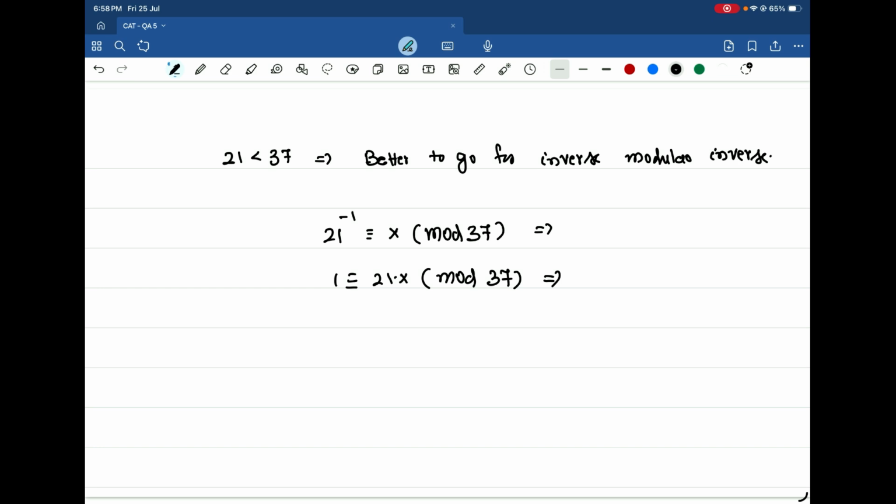You just check whether 1 mod 37 equals 21 into 30 mod 37. Let us see. 21 into 30 is equal to 630. 630 minus 1 is equal to 629. Divided by 37 is equal to 17. Yes, it is correct. That means 21 inverse is 30 mod 37.